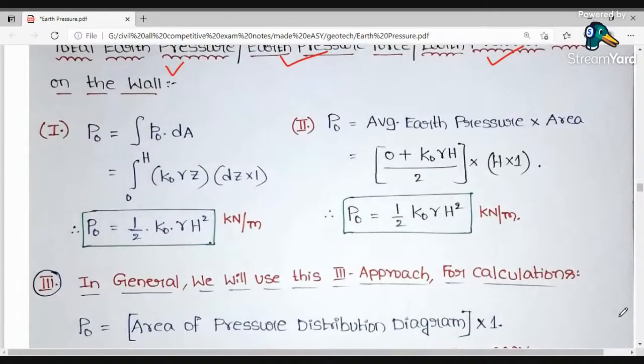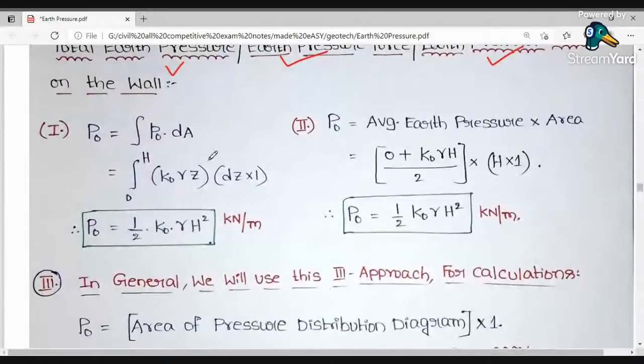First way, using integration. Secondly, we can measure earth pressure using the average earth pressure concept, and general concepts. Okay, we'll try to discuss all this now.